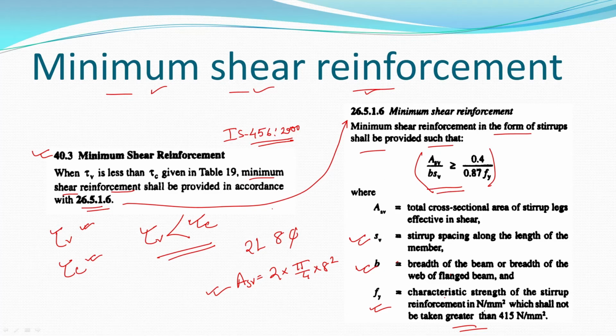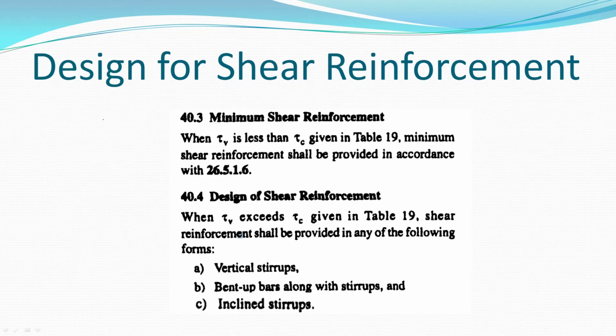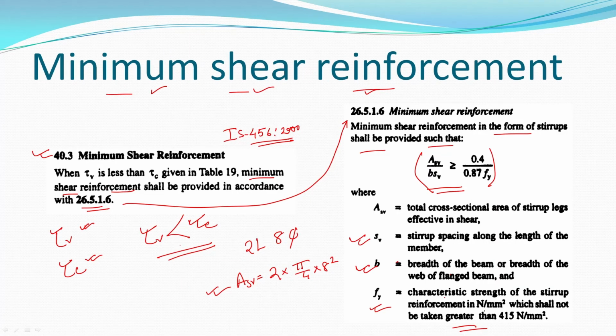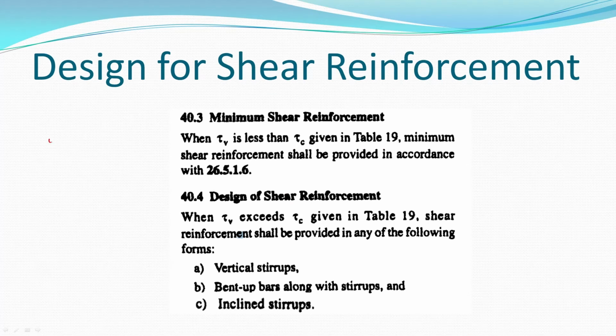Okay, now to the next step. Previously we have seen that if tau v is less than tau c, then actually the shear reinforcement is not necessary, but we need to provide the minimum shear reinforcement.